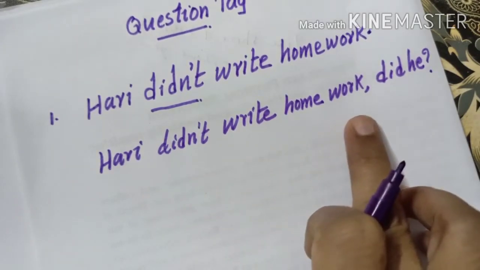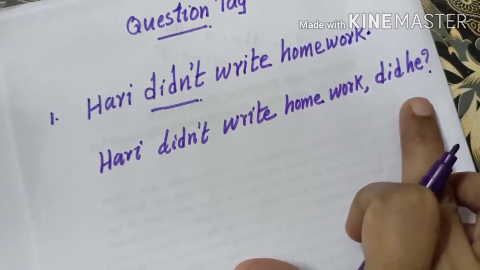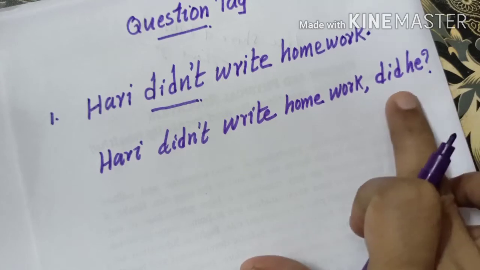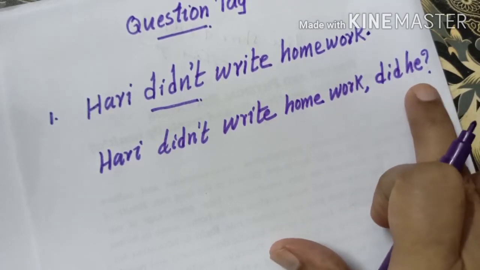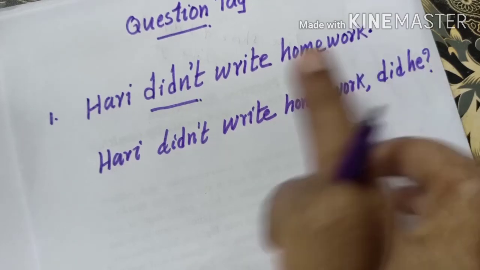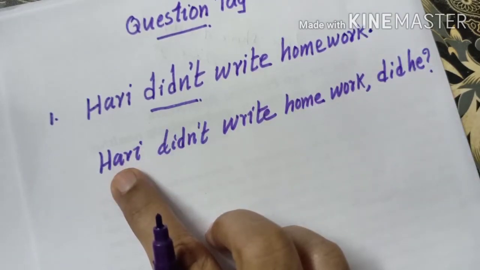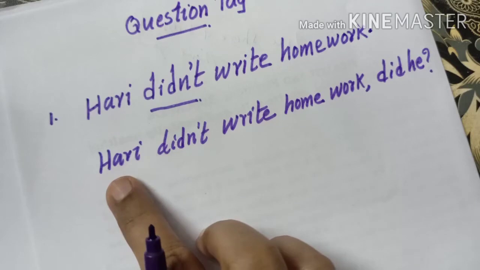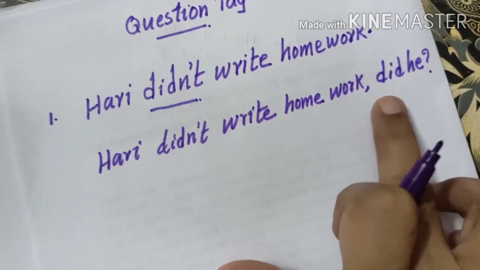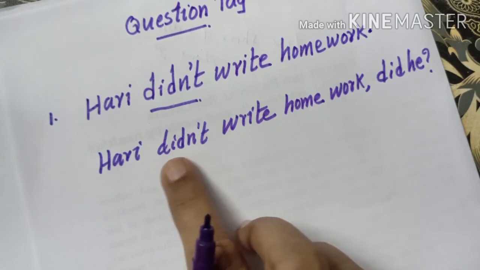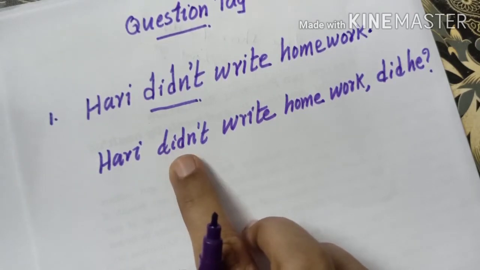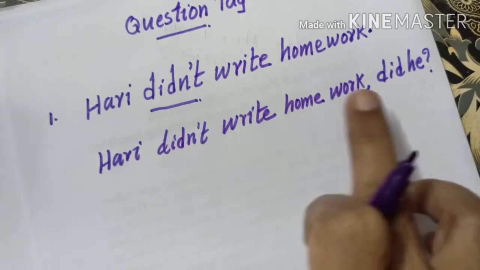Harry didn't write homework, comma, did he? So did he is the tag. Why do we use he? Because the subject is Harry. The appropriate pronoun for Harry is he. Then did: here the auxiliary verb is didn't, so the positive form of didn't is did.